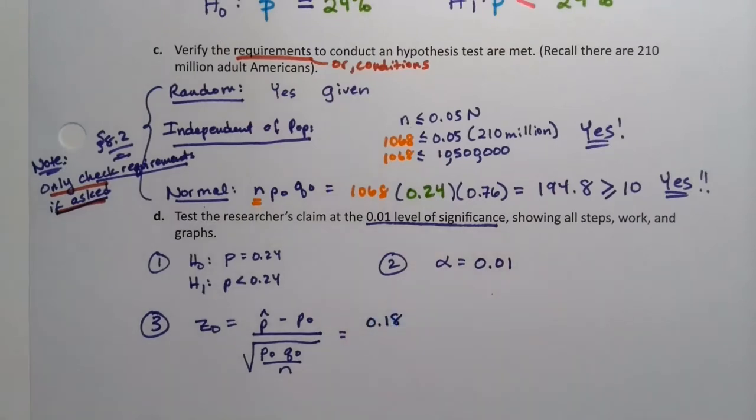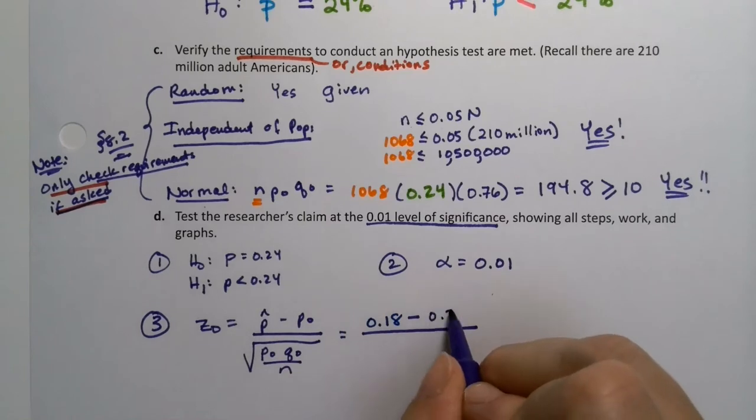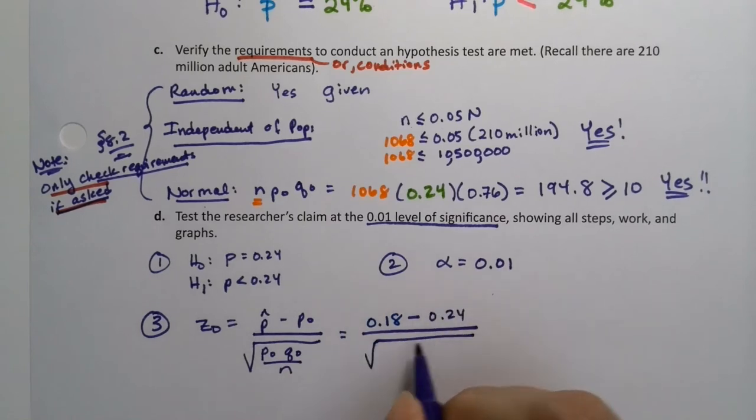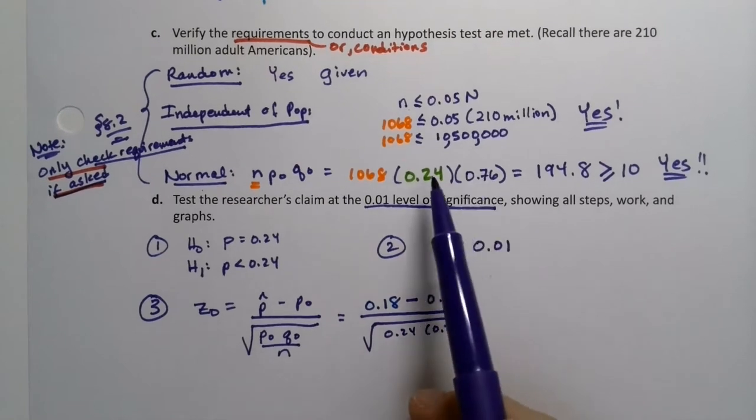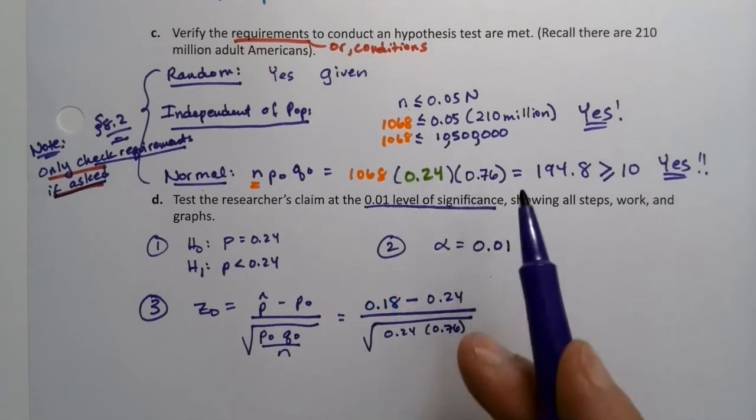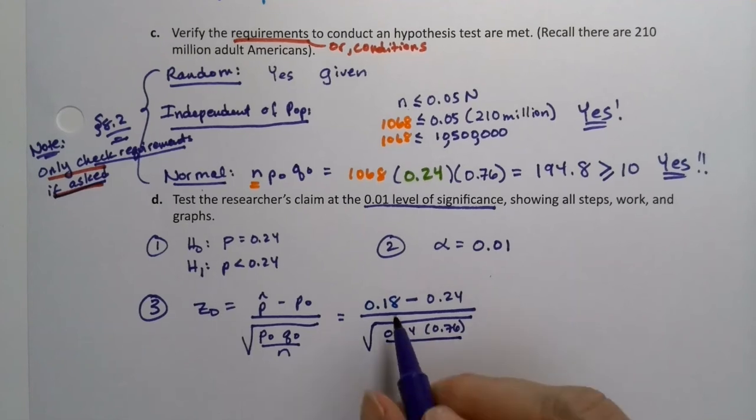That's the value from my sample. Minus, now P0 was the null hypothesis value, which was 0.24, right there. 0.24 over square root 0.24 times 0.76, right? Because we already said Q0 right here, 0.24 and 0.76, P0, Q0. And we're going to divide by n, which was 1068.